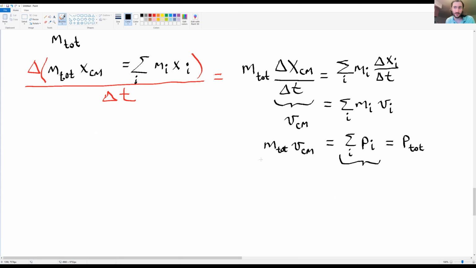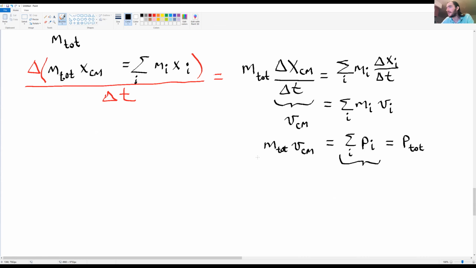Of course, these orbits are a little bit more complicated, but astronomers have really good ways of measuring the total mass of a galaxy without looking at each individual mass and summing them all up. And so it's much easier to get the total mass of a system and then multiply by the velocity of the center of mass than it is to sum up all of the individual momenta of the system.